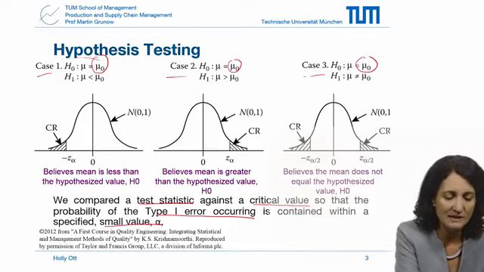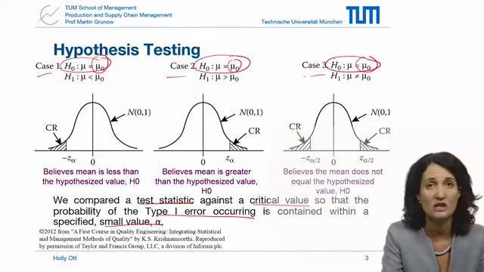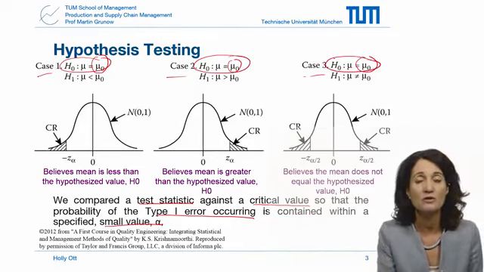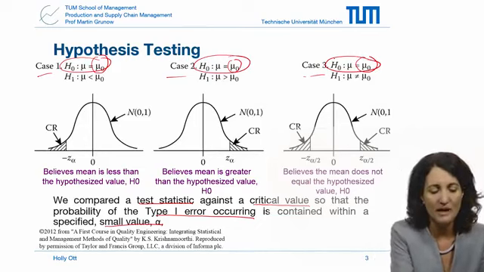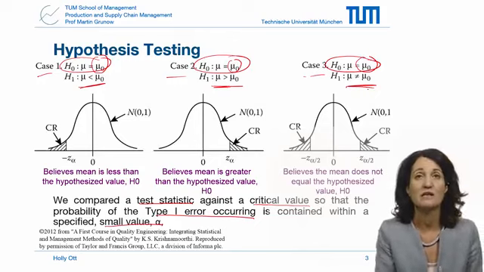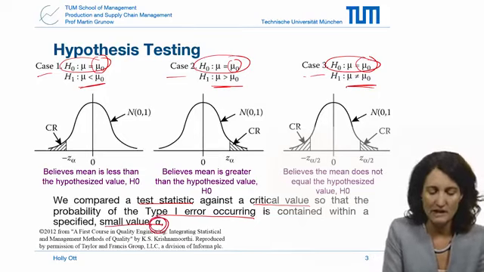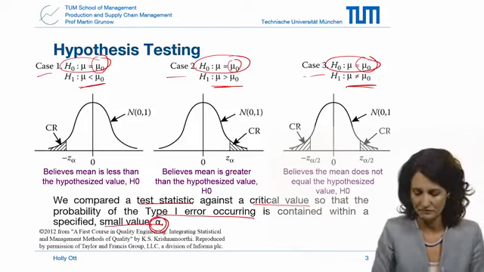In all of these cases, for the null hypothesis, we assume that nothing's changed, that the mean of the new sample is the same as the mean of the regular population. And we have to then prove beyond reasonable doubt that our new mean for our new process or new supplier, for example, is greater than, less than, or different. And we did that by keeping our alpha values small.